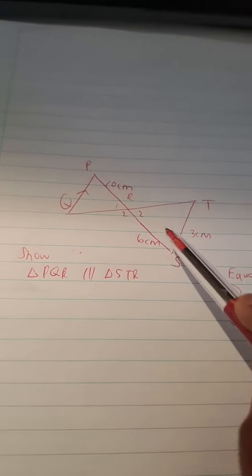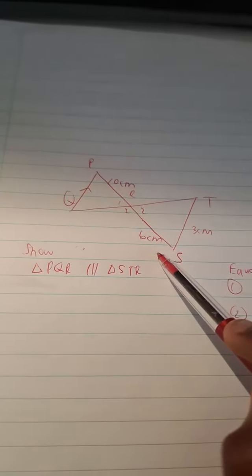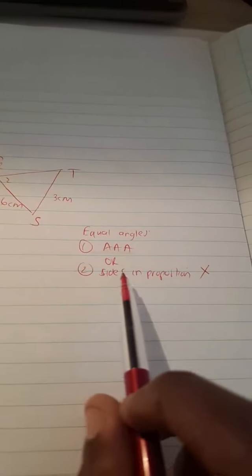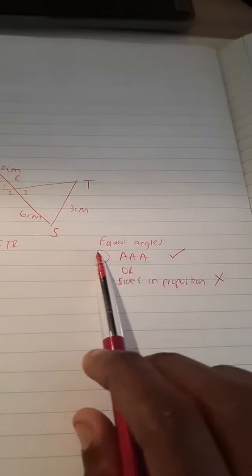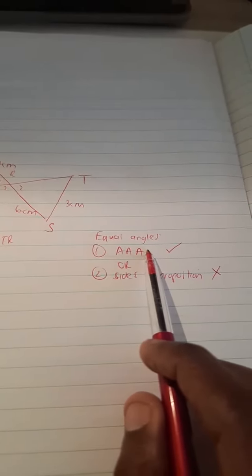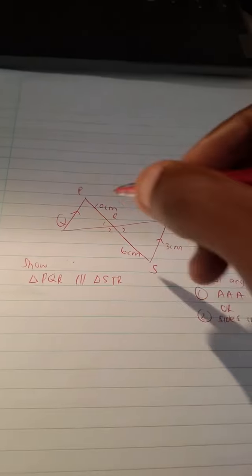In triangle STR, though we have ST and SR, we don't have RT. So we are not going to consider sides in proportion. We need to look at proving equal angles, so let's look at the diagram and check what is there for us to use.